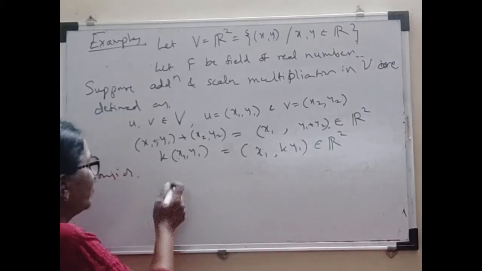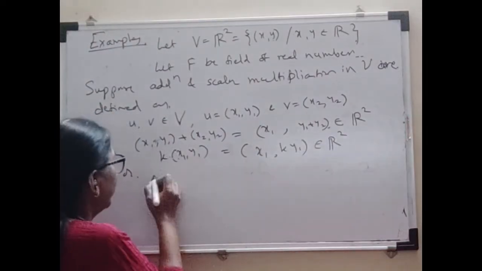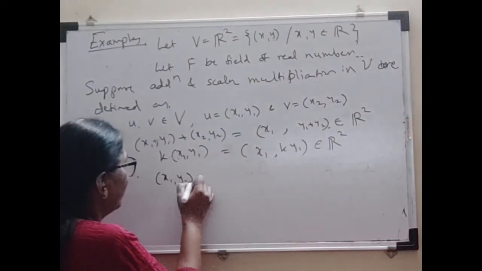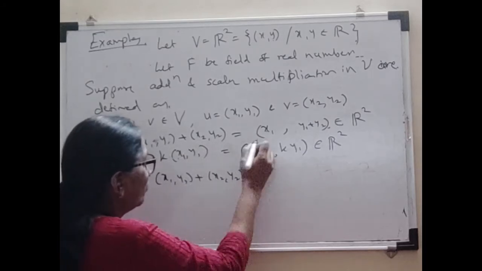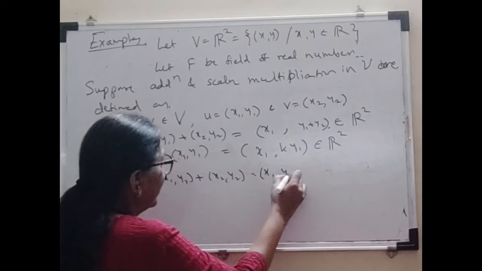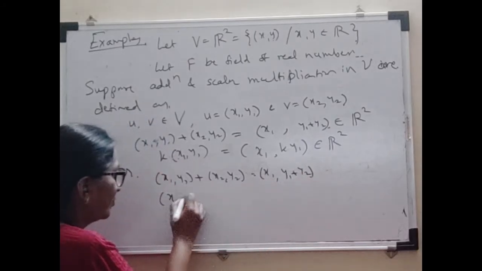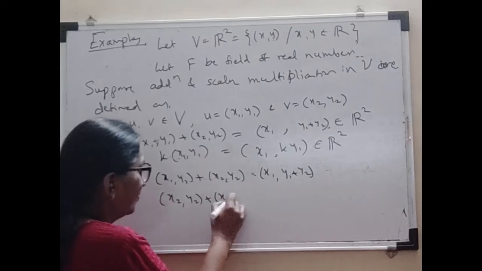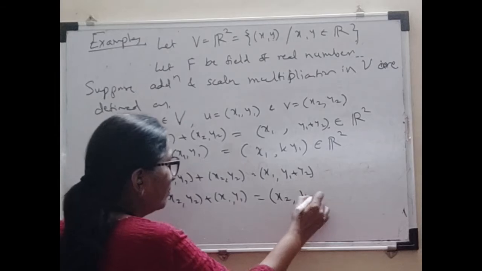So what I'll do, I'll check first of all commutativity. Commutativity is nothing but (x1, y1) plus (x2, y2). That is equal to, by definition, (x1, y1 plus y2). And if I consider (x2, y2) plus (x1, y1), that will be equal to (x2, y1 plus y2).